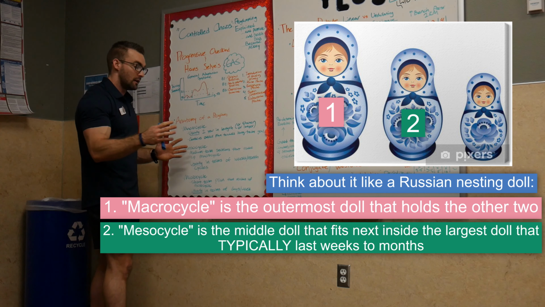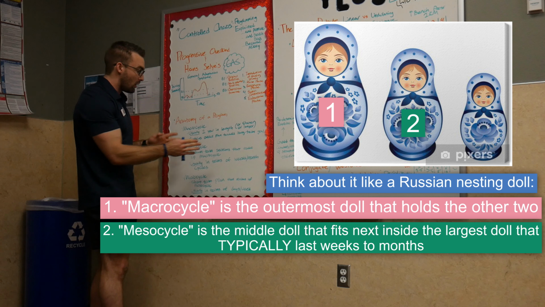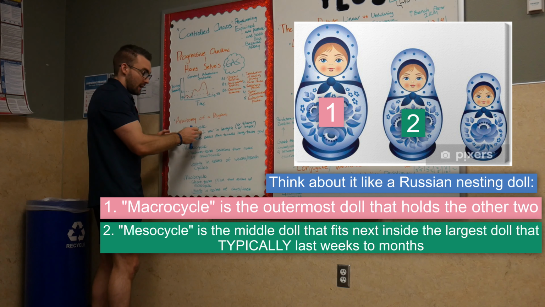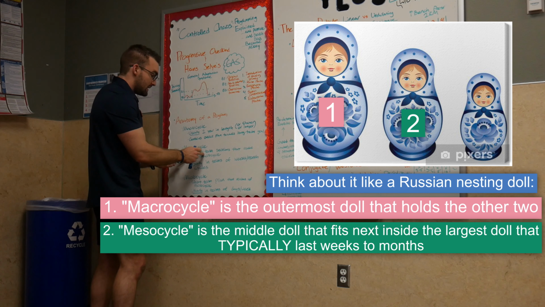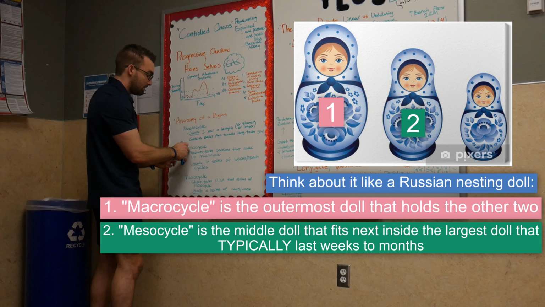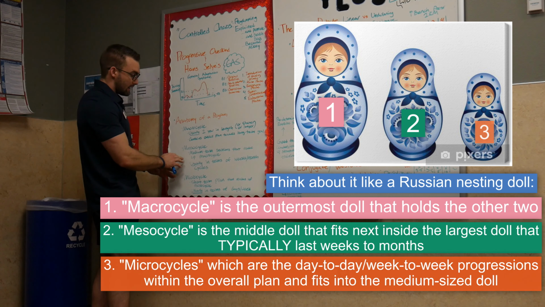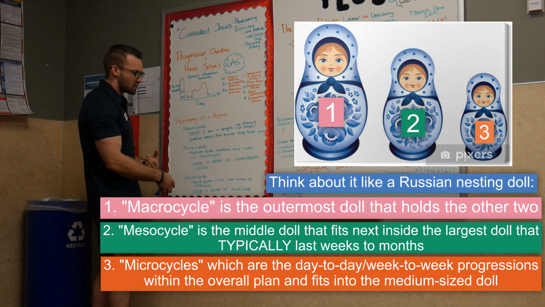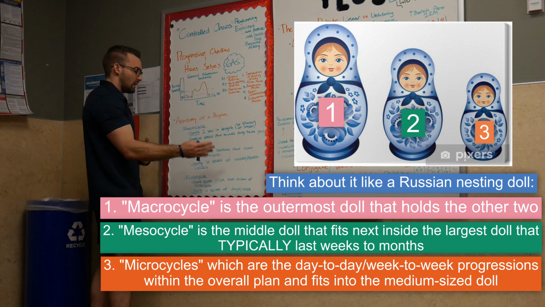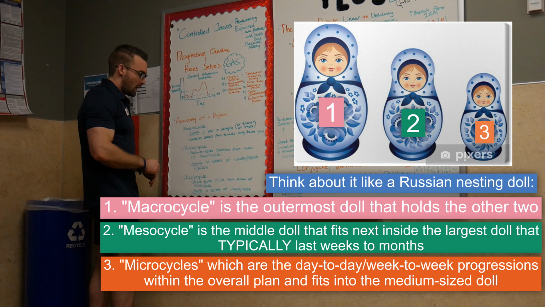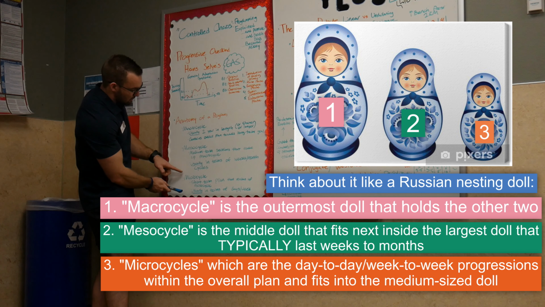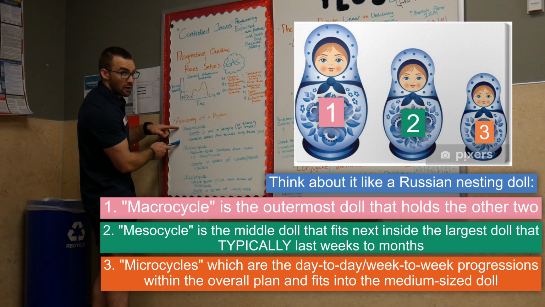Again, these are segments of time smaller than the macro cycle. Okay, so macrocycle big, mesocycle medium, and then finally microcycle. These are our short-term plan that makes up each mesocycle, and they're usually in terms of days or weeks. Again, don't limit it to just that. It's just an example. But we have our short-term leading to our medium-term that ends up in our long-term big goal.